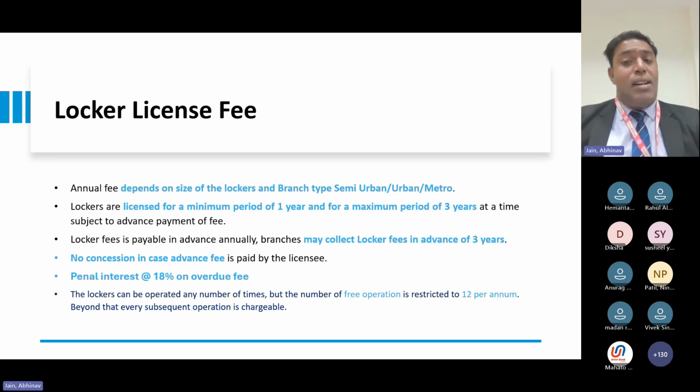The system will understand that more than 12 transactions in the locker have been done if we are maintaining the entry and exit properly using the LKOPS menu. So the LKOPS menu will play a significant role in helping the bank to collect non-interest income in case of operation more than 12 per annum.